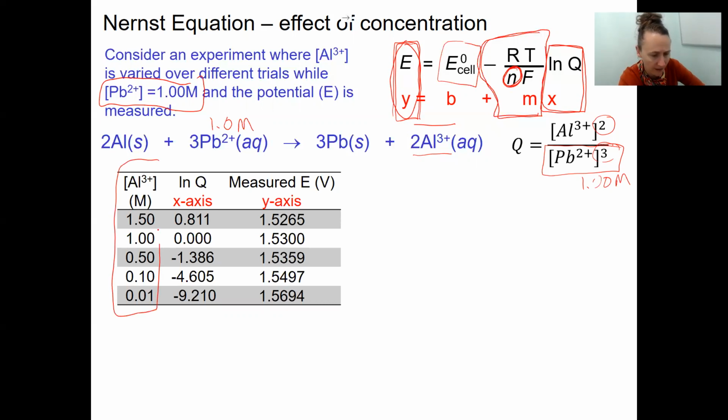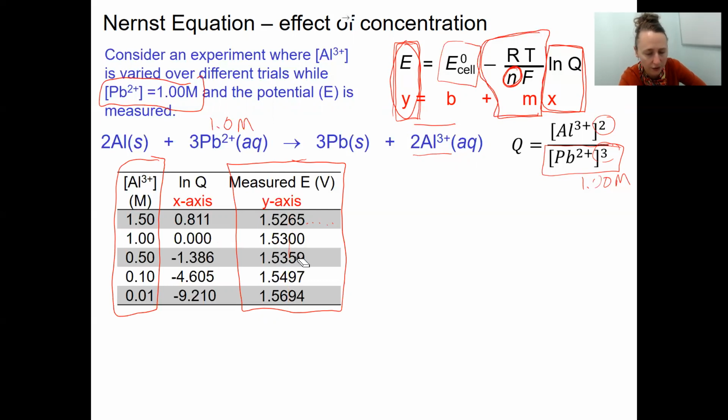All right, so here are a lot of numbers, but here's my experiment. This is how I'm going to vary the concentration of aluminum, and then I'm going to measure the potential. Now, in my background calculations, I have carried these to many decimal places to get better numbers. If you're actually measuring a potential, you may not get very many decimal places, and you see how little the potential is changing here.